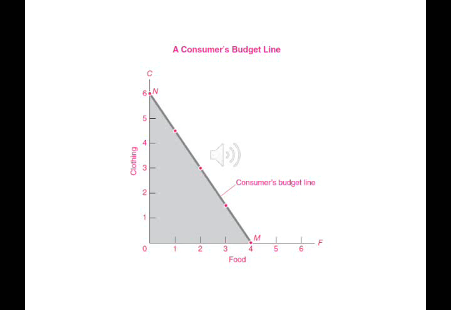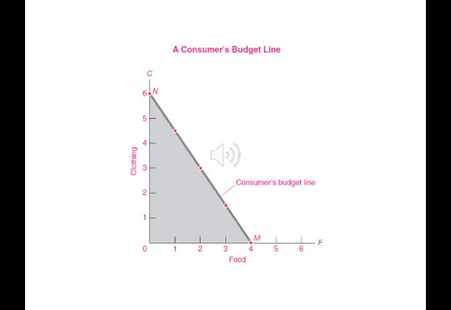So in our example, this point will be determined by dividing the consumer's income, which is $6, by the price of food, which is $1.5. Because if the consumer spends all his income on food, we need to know the price of food in order to know how many units he can buy of food.